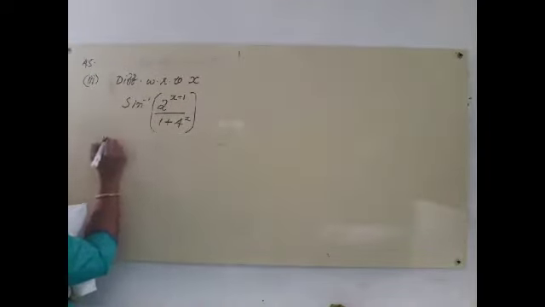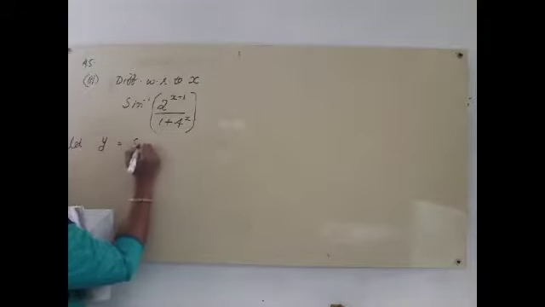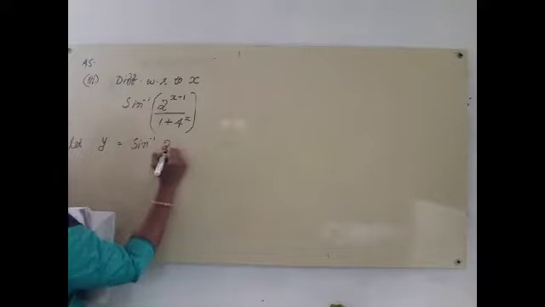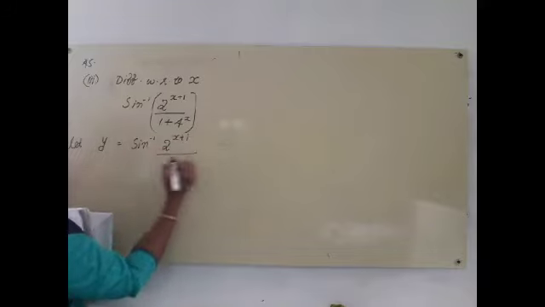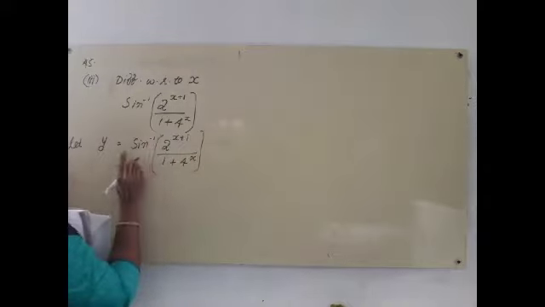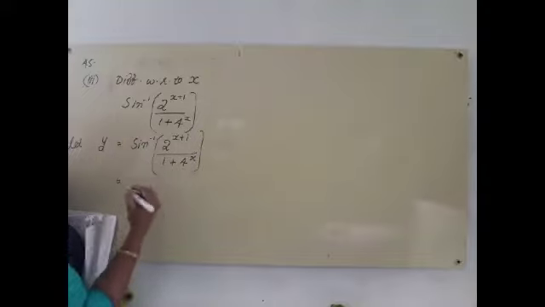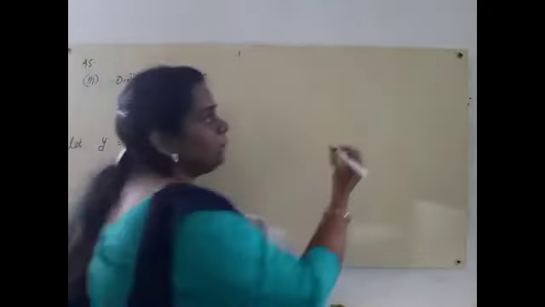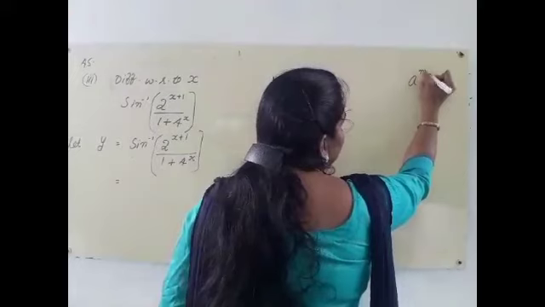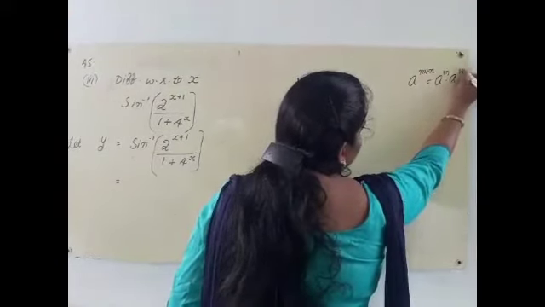Let the function be y or f of x. Y is equal to sin inverse of 2 raised to x plus 1 divided by 1 plus 4 raised to x. I hope you remember this: a raised to m plus n is equal to a raised to m into a raised to n, isn't it?